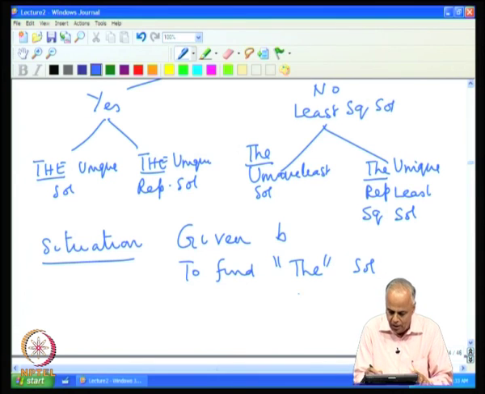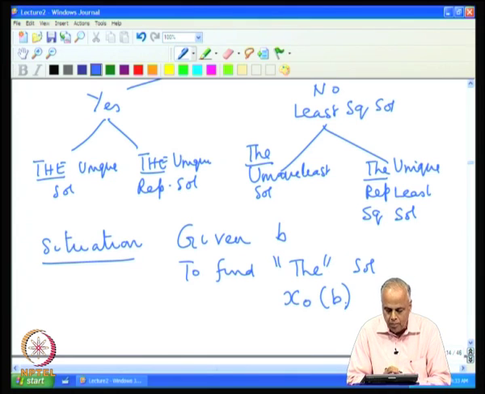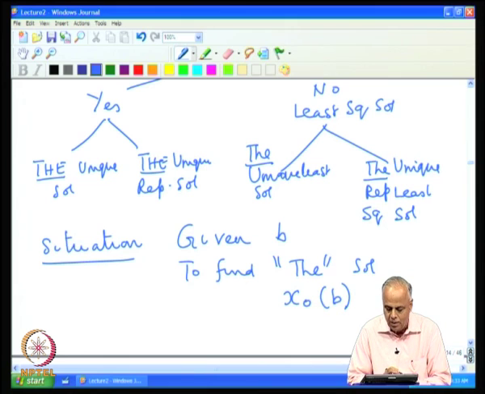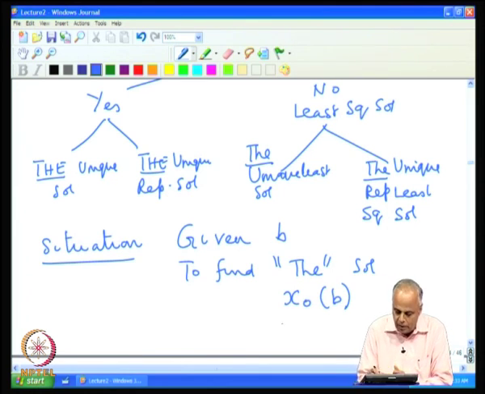We will in general denote this by x naught b, because it will depend on b, and it is a vector or a solution matrix, n by 1 matrix. So, our answer is finally to find x naught b.